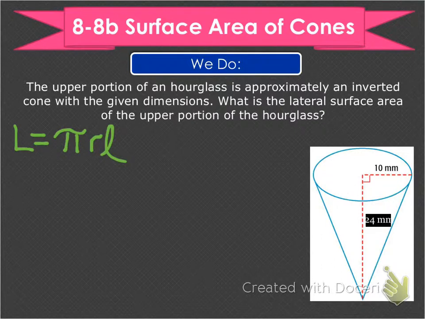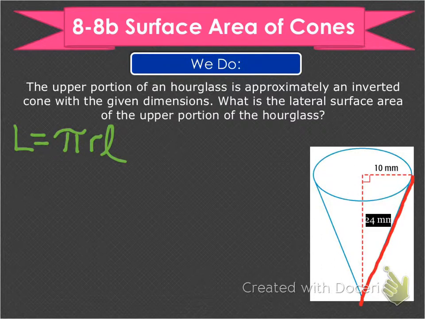Well, in this case, again, remember, our slant height's not given. The height of this triangle here is. So the first thing I'm going to have to do before I can even start trying to find that lateral area is to find what's the length of this slant height.